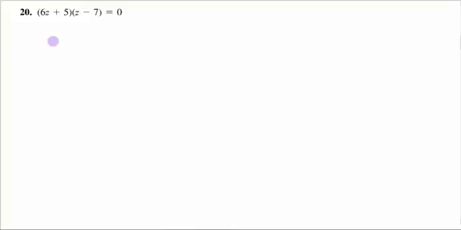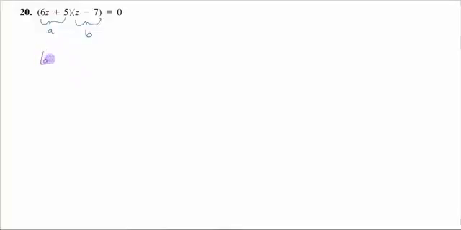Let's try that zero product property with this one. Okay, we can say that this is our a and that this is our b. So a times b equals 0. We have a product equaling 0, so we can use the zero product property.